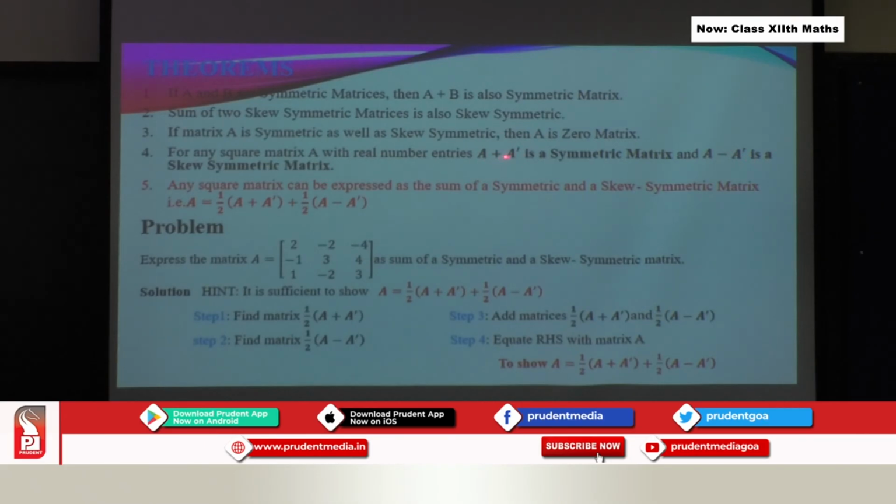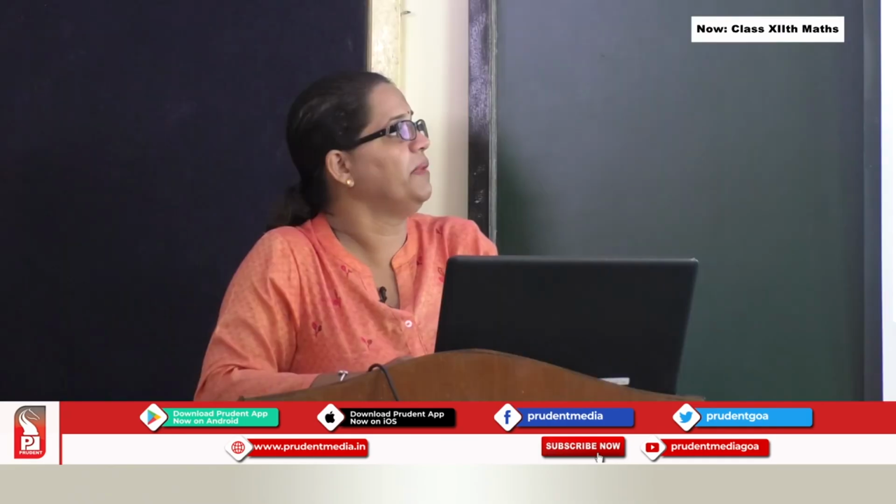This is very, very important, and based on these two assertions we construct the fifth theorem, that is, any square matrix can be expressed as the sum of a symmetric and a skew symmetric matrix.